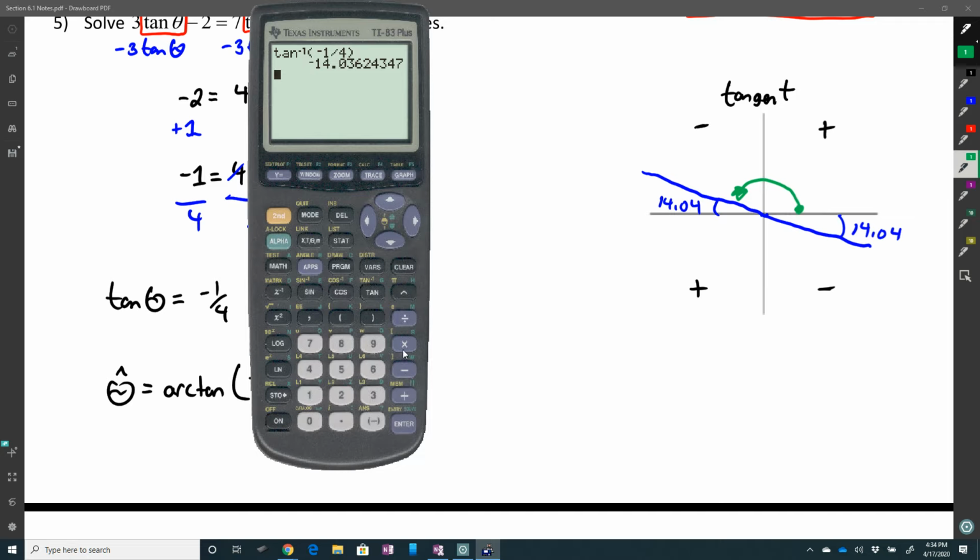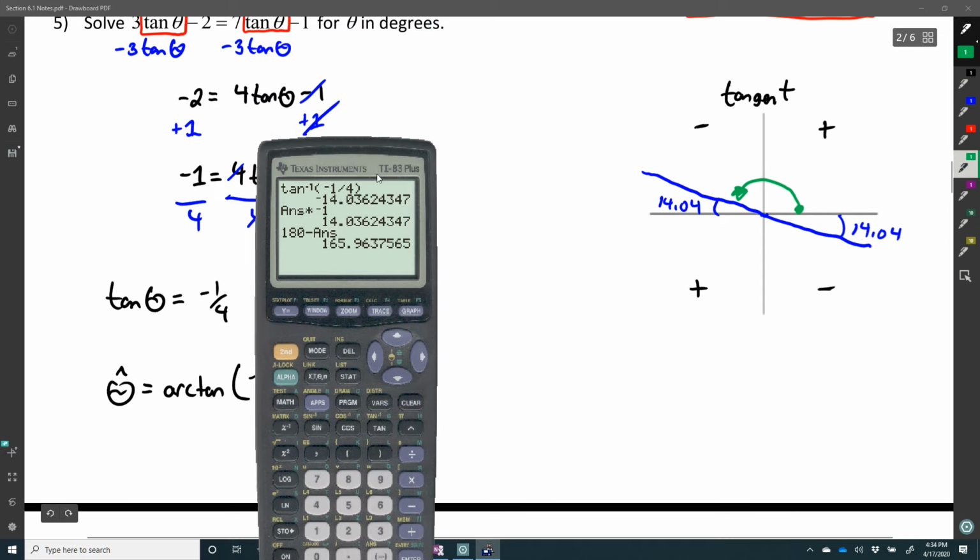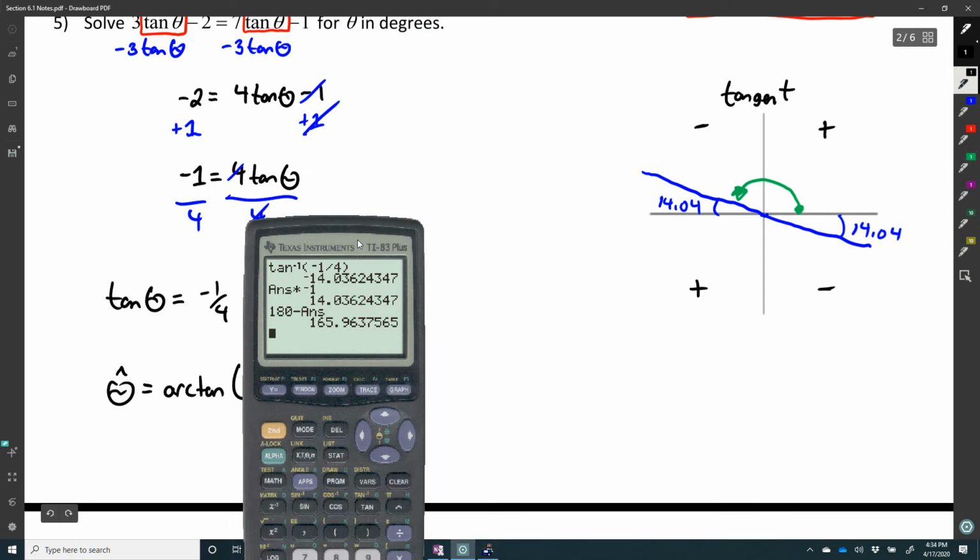Let me multiply my answer times negative 1 to make it positive. Reference angles are positive. Okay, so I do 180 degrees minus that number, and that's 165.94. So that's that angle.